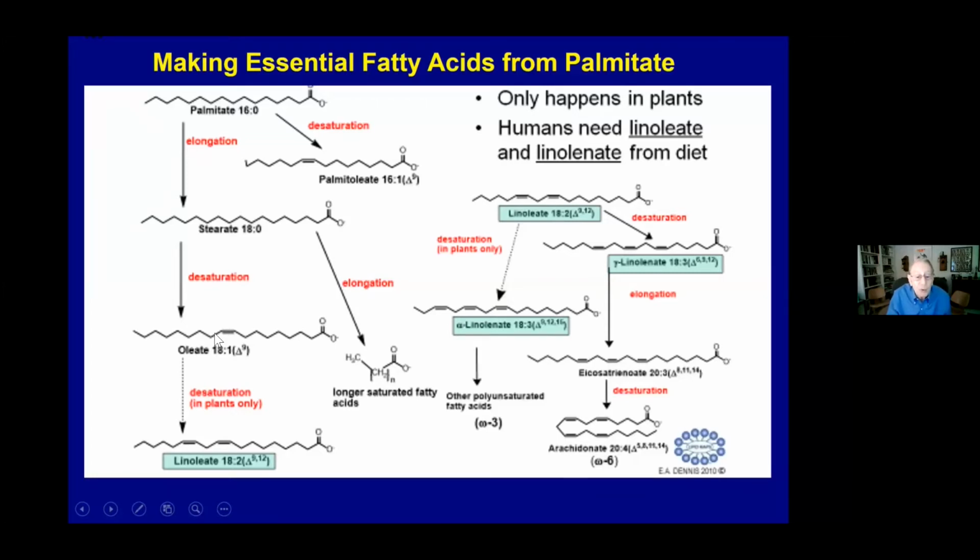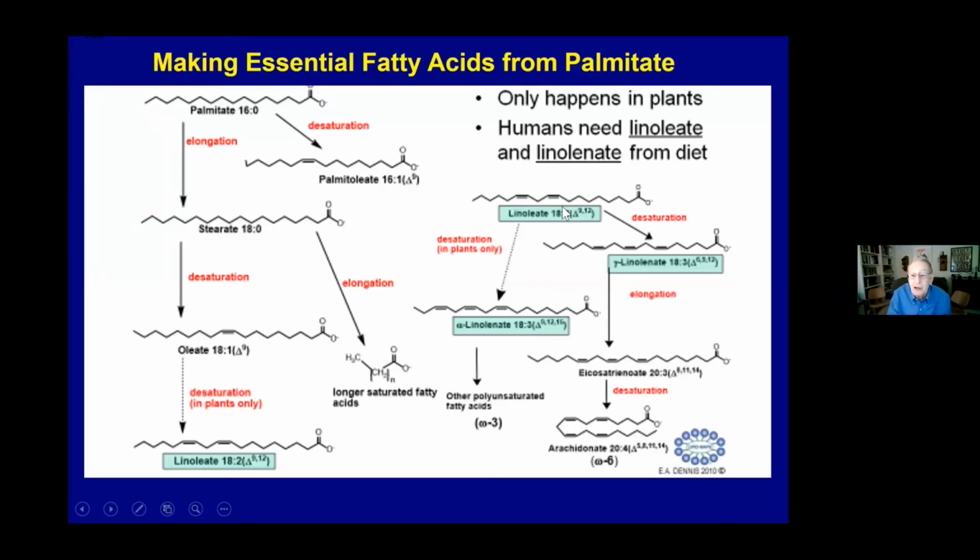However, we humans and other mammals cannot put any additional double bonds further down the fatty acid chain than position 9. Only plants can do that. And so the simple fatty acid linoleate with 2 double bonds is an essential fatty acid for us humans.